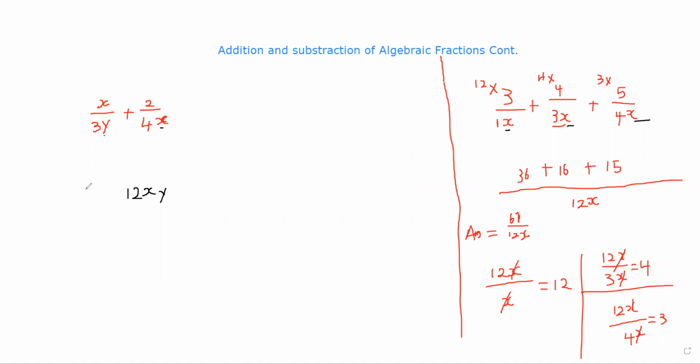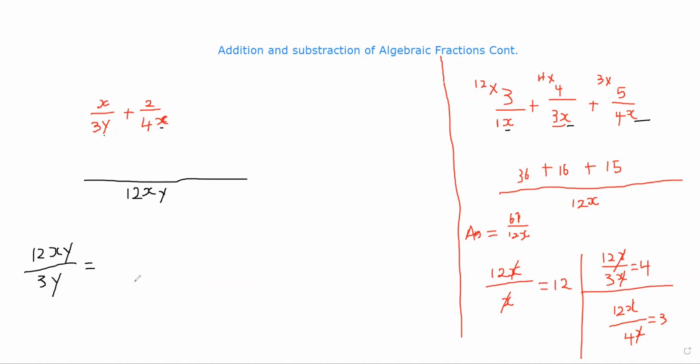Good. So then we use the same procedure. We divide the common denominator, which is 12xy, by these individual denominators. So we have 12xy divided by 3y.